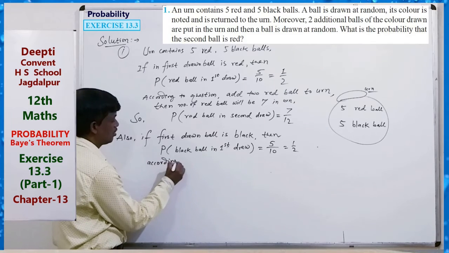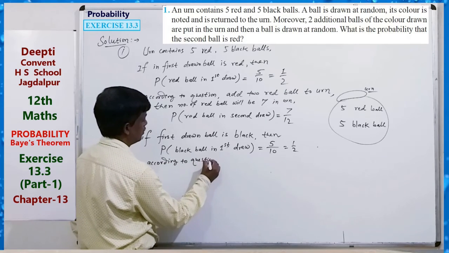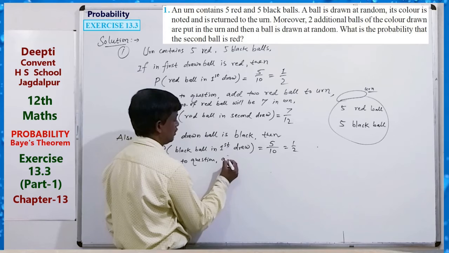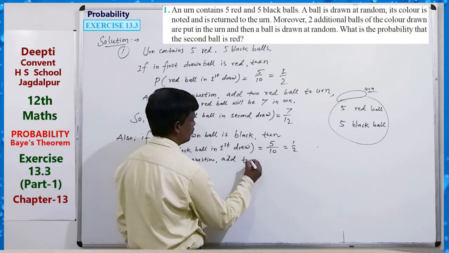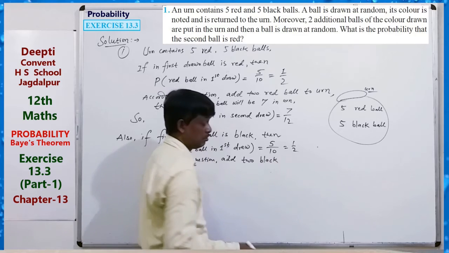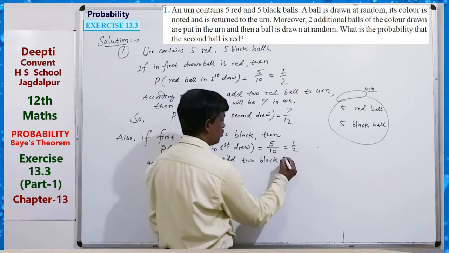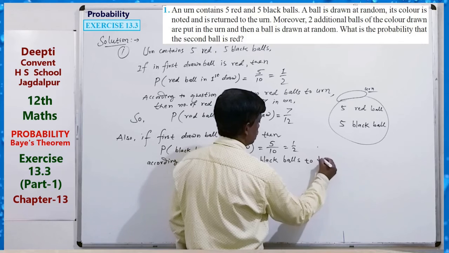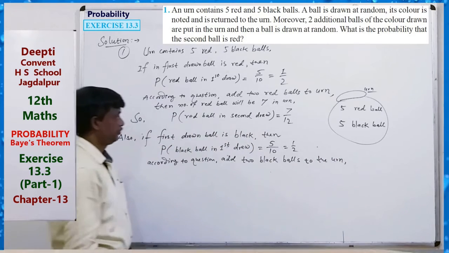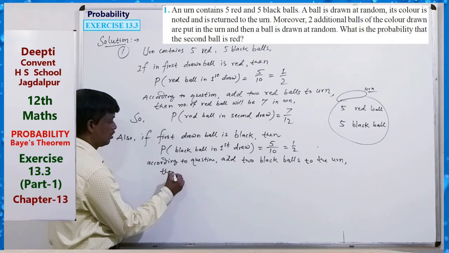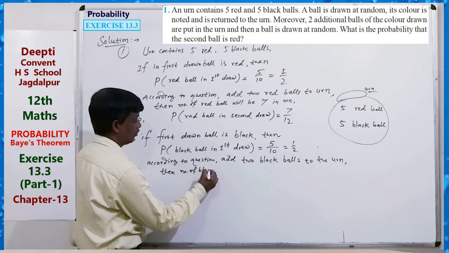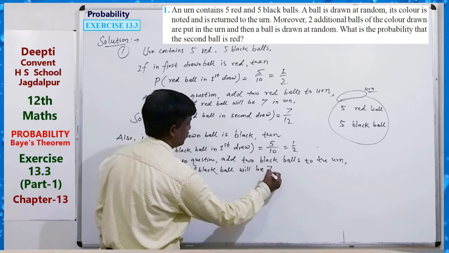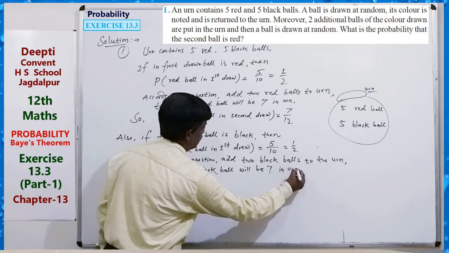According to the question, since we noted the color, we add 2 black balls to the urn. Then the number of black balls will be 7 in the urn.